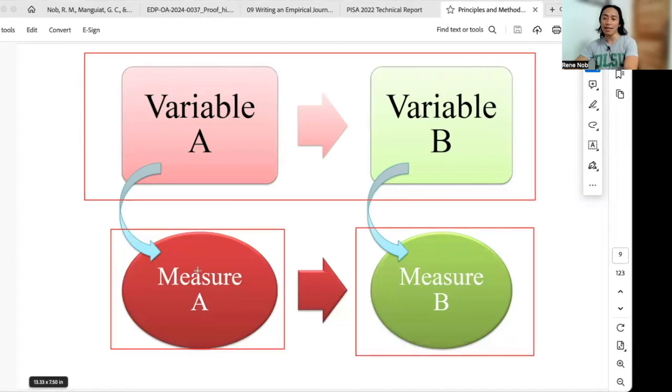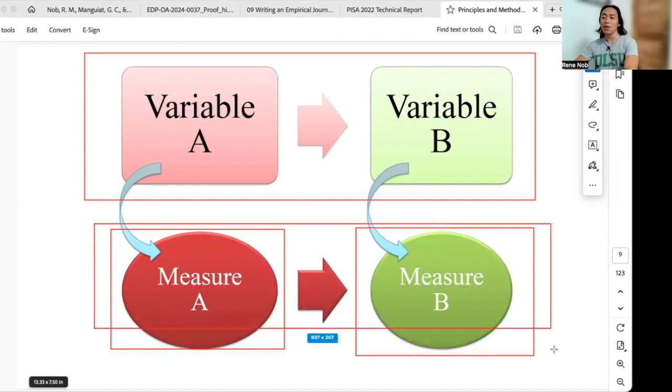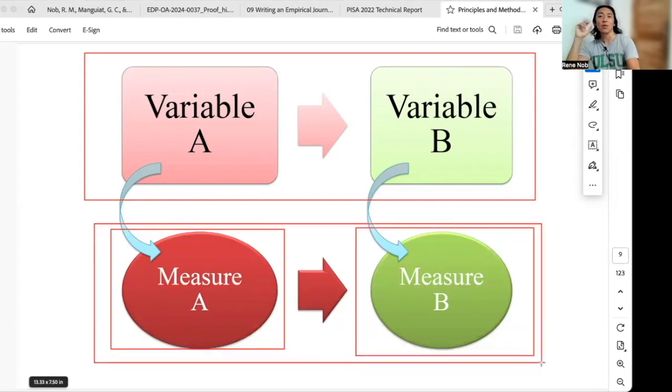And statistically, it is these two that we analyze the co-variation of, the relationship of. If we find that statistically measure A is related to measure B, what does that mean?